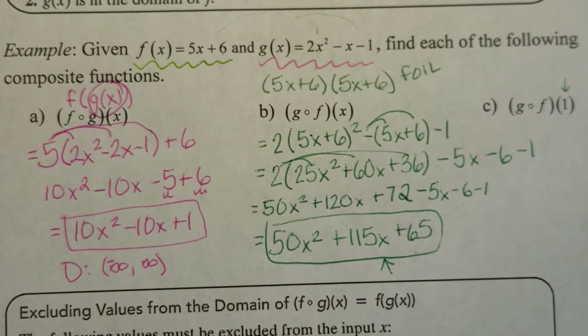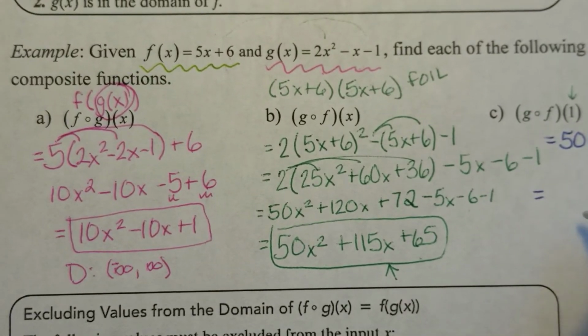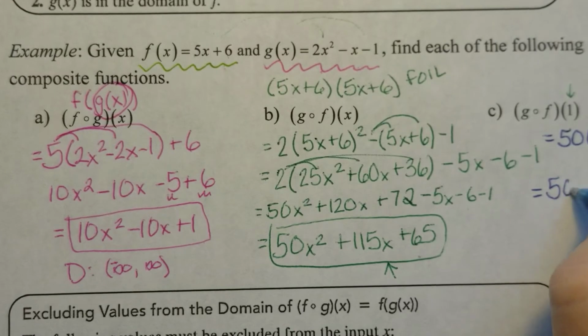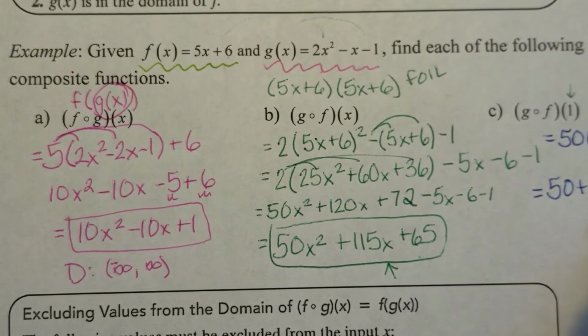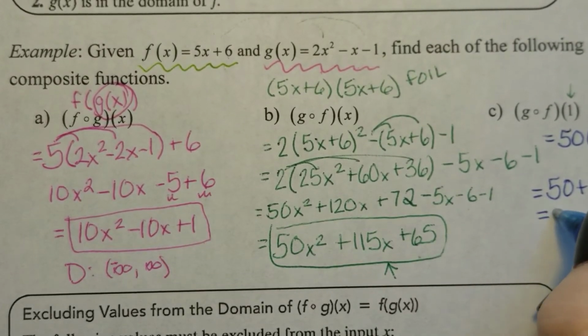So I am going to take 50 times x, which is 1, squared, plus 115 times x, which is 1, plus 65. So 1 squared is 1, 50 times 1 is 50, 115 times 1 is 115, and then 65. When we add all that together, we get 230.